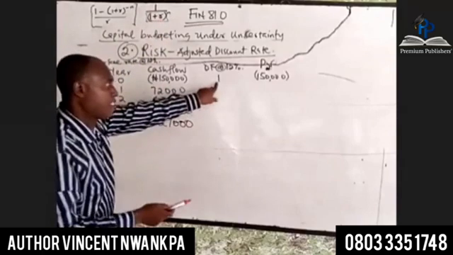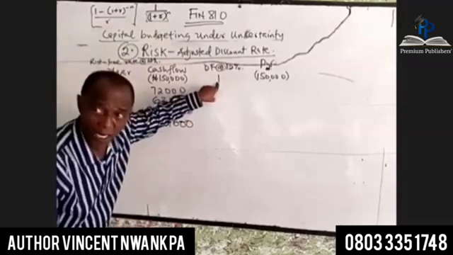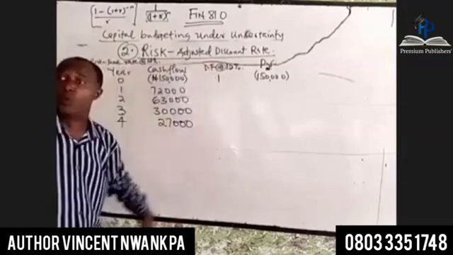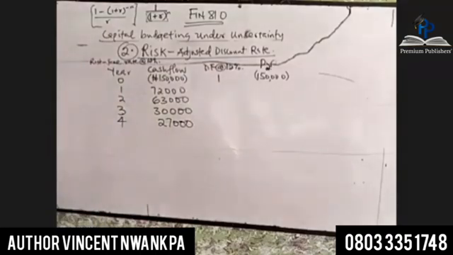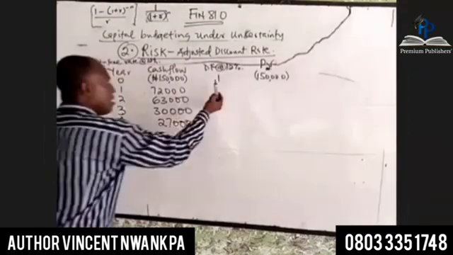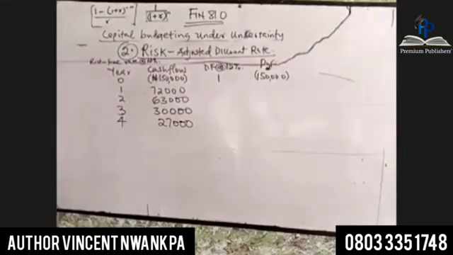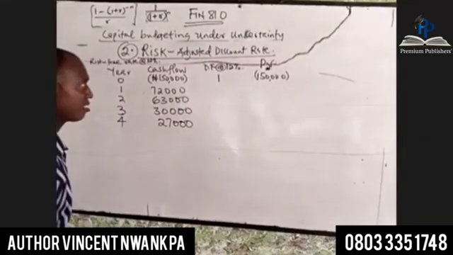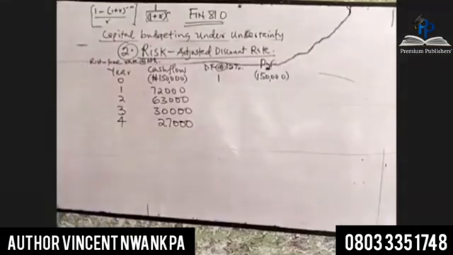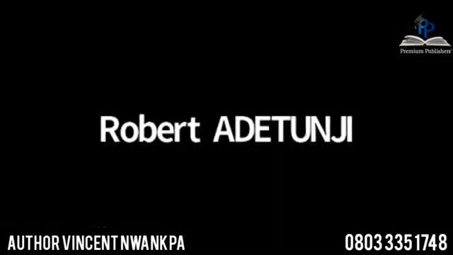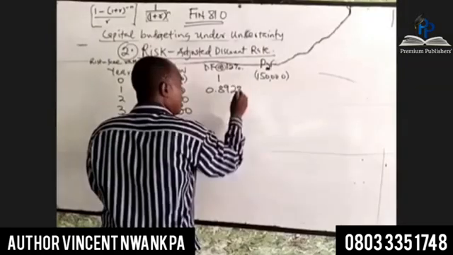So year 0 is 1. To get year 1, divide this 1 by 1.12. I hope we did that some few minutes ago. What do you have? 0.8929.